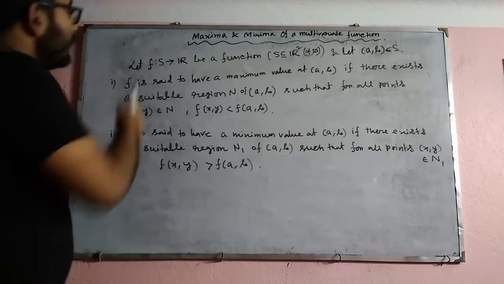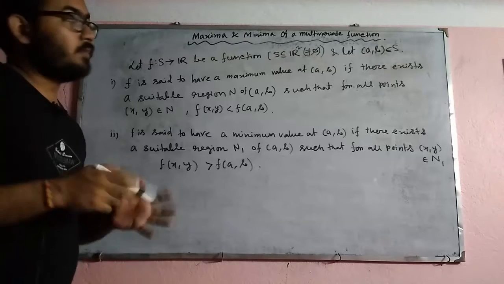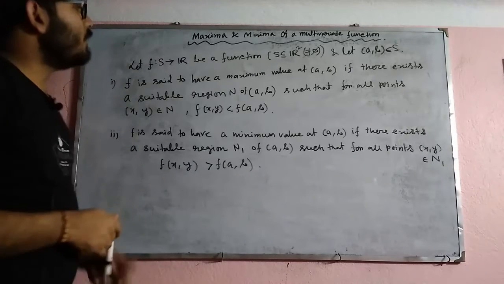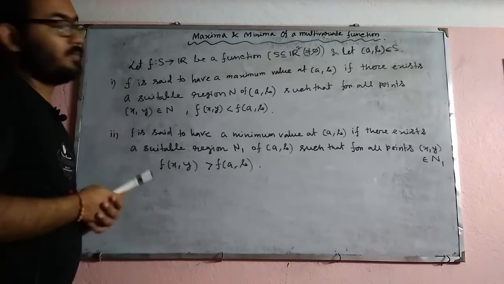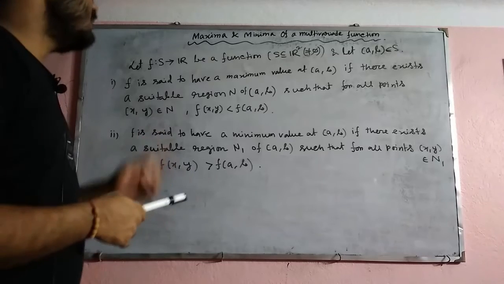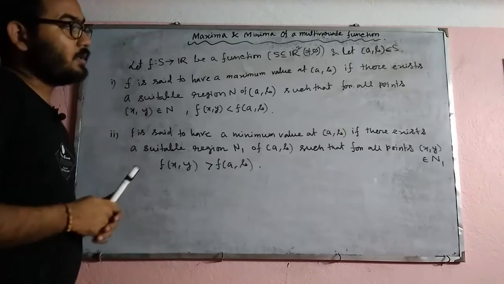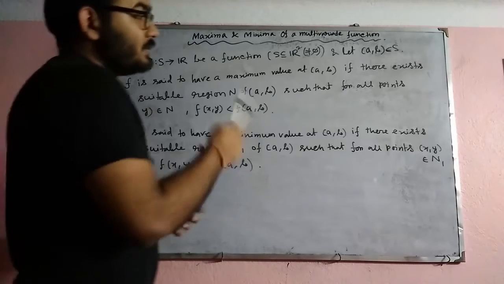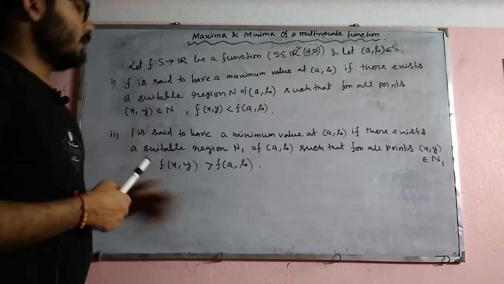Let f: S to R2 be a function where S is a non-empty subset of R2 and let (a, b) be a point from the domain S. Then f is said to have a maximum value at (a, b) if there exists a suitable region N of (a, b) such that for all points (x, y) belonging to N, f of (x, y) is strictly less than f of (a, b), and f is said to have a minimum value at (a, b) if there exists a suitable region N1 of (a, b) such that for all points (x, y) belonging to N1, f of (x, y) is strictly greater than f of (a, b).